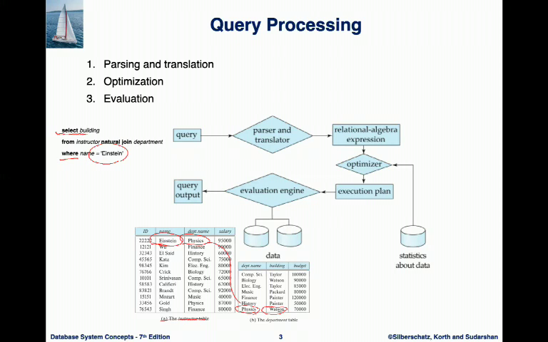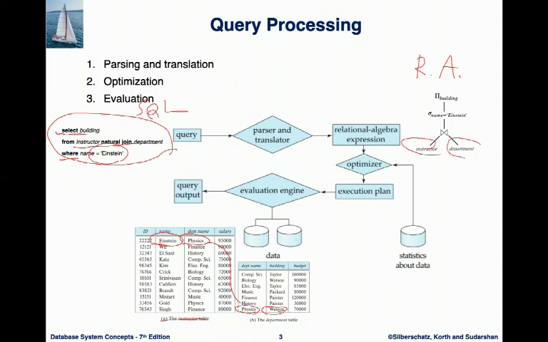And given some SQL statement submitted by the user like this, the database system translates this into a relational algebraic expression. So from SQL to relational algebra, okay? So what it means is, there are two tables, instructor and department, and we want to combine the data using the join operation.